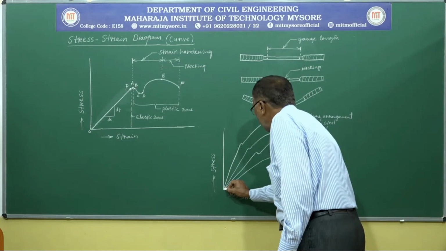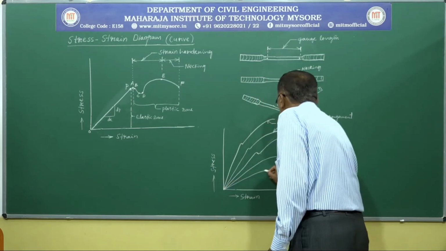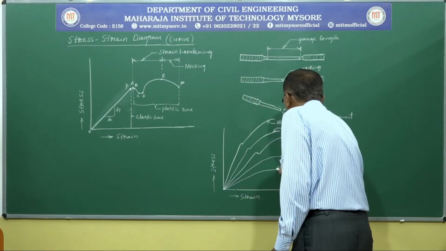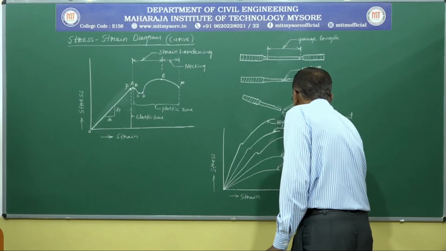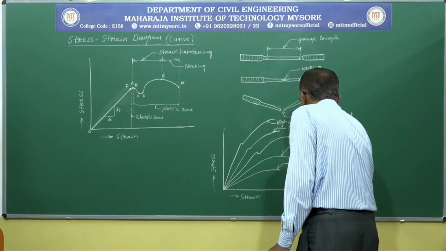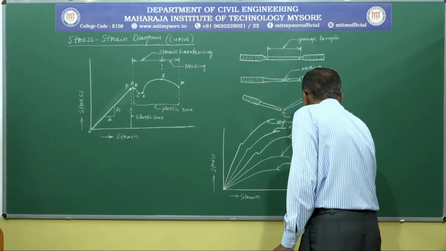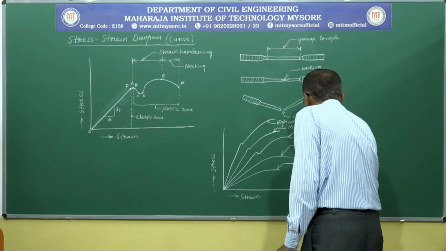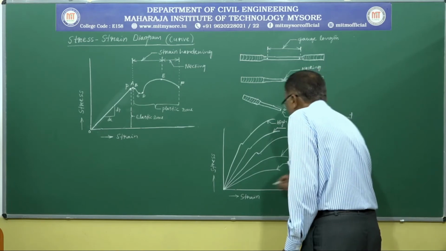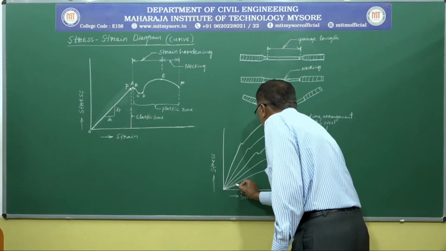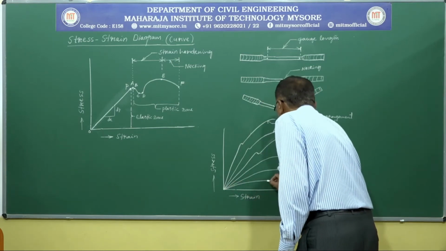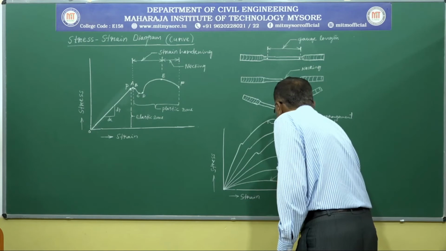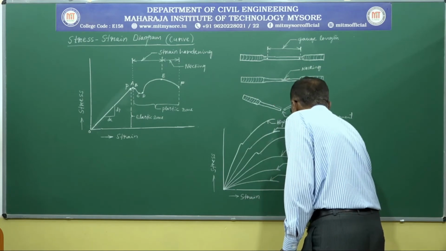If you draw a curve for concrete, again it looks like this. Even if you draw a stress strain curve for aluminum, it resembles like this.